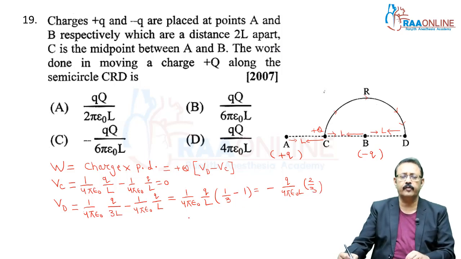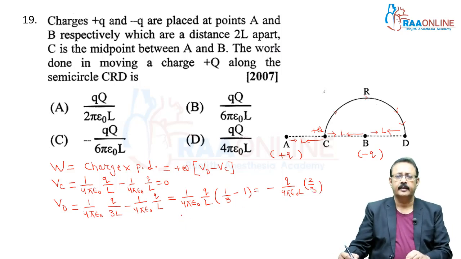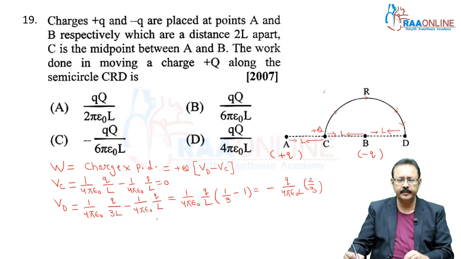So it is Vd. What are we getting for work done? The charge was plus q, multiplied by the potential difference, because Vc was 0. So this formula becomes q into Vd minus 0, which means q into Vd.